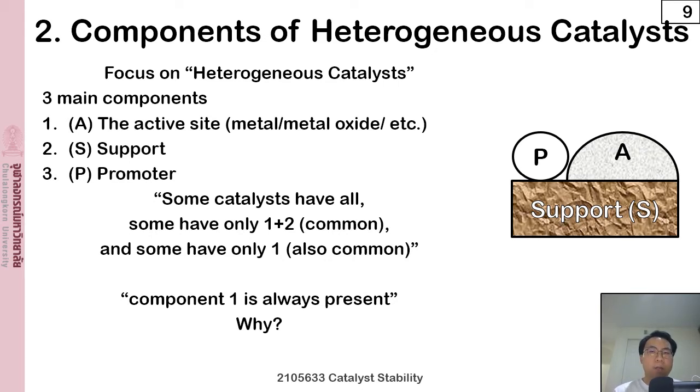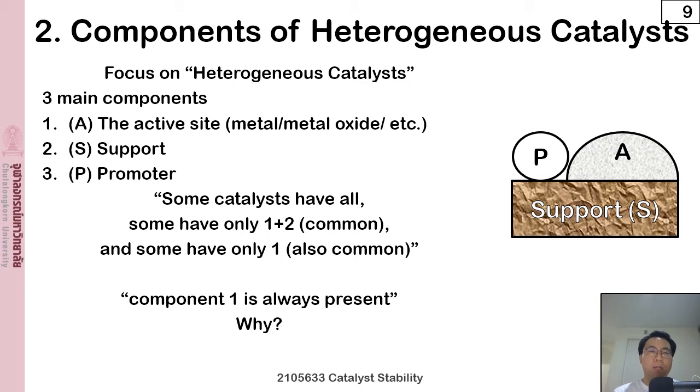Each of the components, we will talk about in the later slides. For the active sites, generally it is a metal or a metal oxide or a metal carbide or even a metal sulfide. The active site acts as the region of the reaction. So the reaction occurs on the active site.